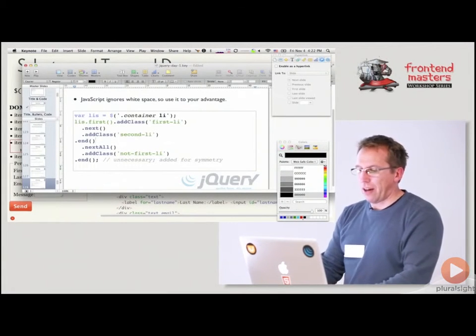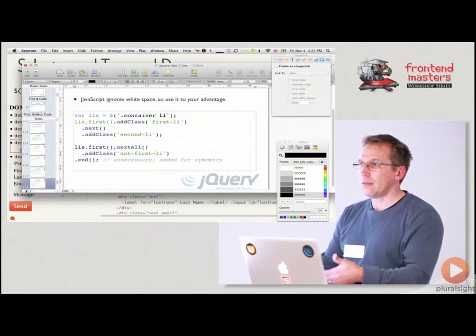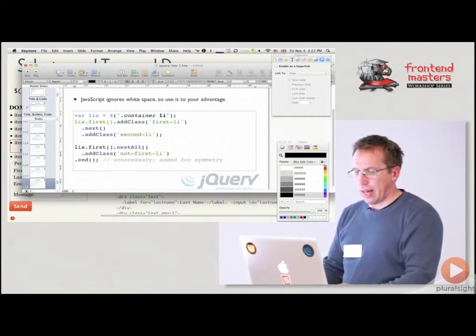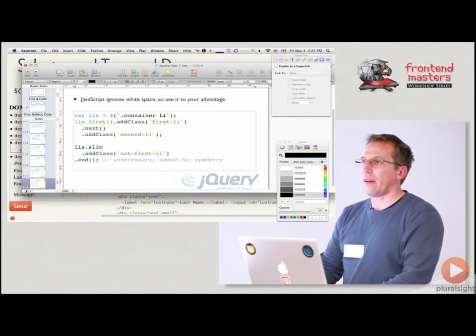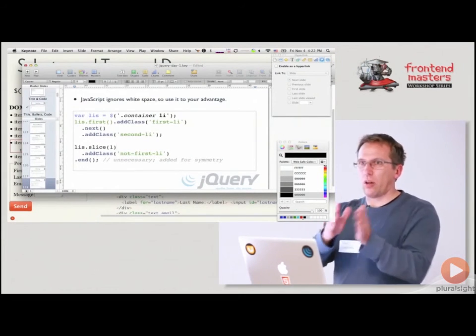But we could stop there, and then we could say lis.first again .nextAll, or instead of doing that, we could say lis.slice 1. So that would give us from the second one on, right?